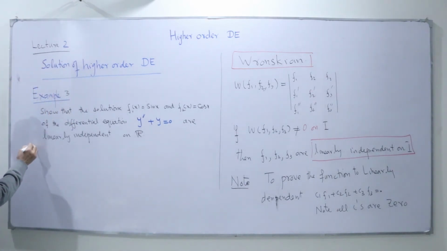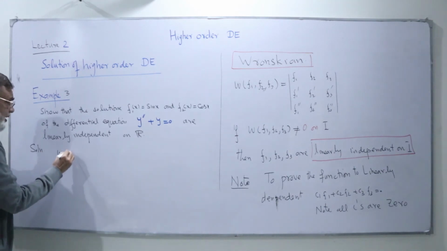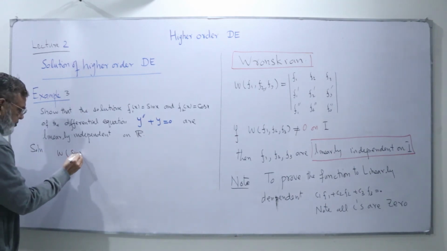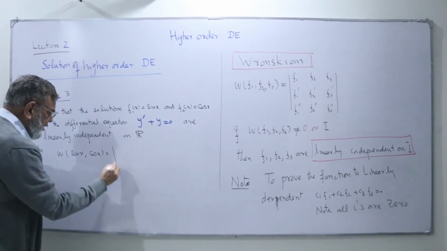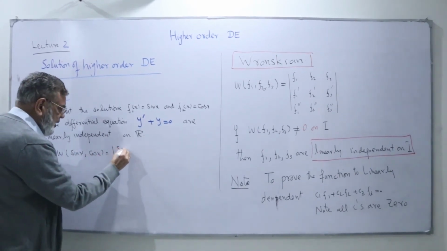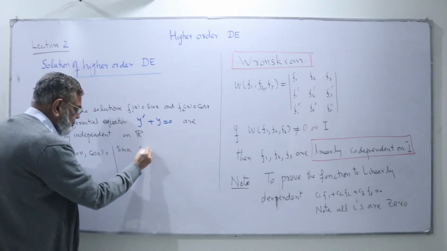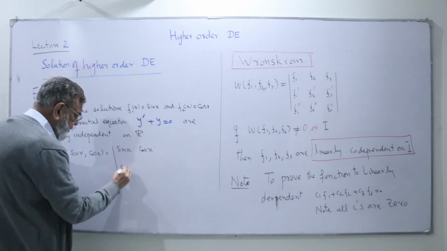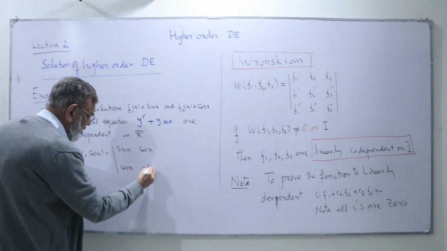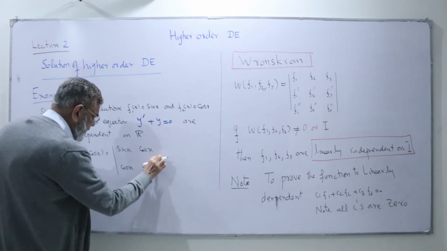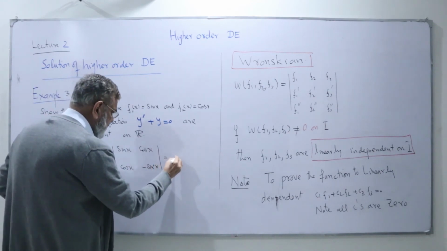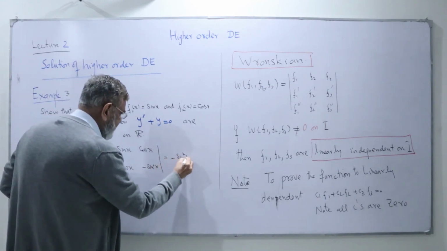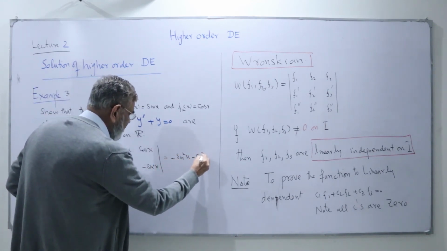So we calculate the Wronskian of the functions f1 equal to sine x and f2 equal to cosine x. That's our determinant: here is f1 and here f2, f1 dash, f2 dash, and we can just write the determinant of this. We get minus sine square x minus cosine square x.